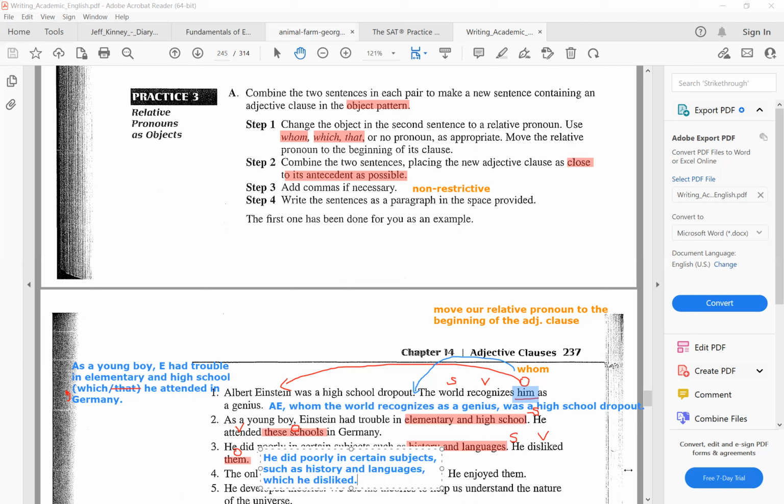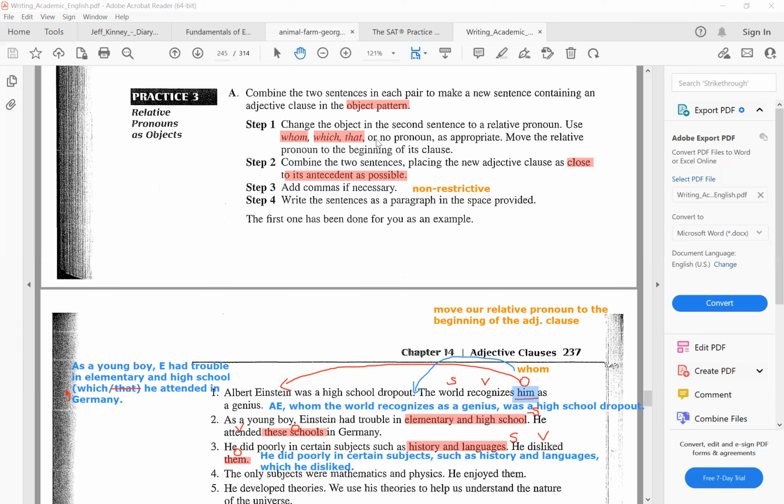Okay. But there are actually two ways of reconstructing the sentence. I can actually use it to modify certain subjects as well. I can say he did poorly in certain subjects that he disliked, such as history and languages. And that would be okay too.